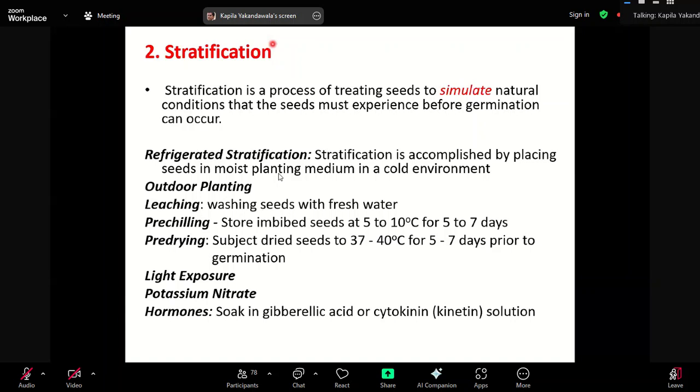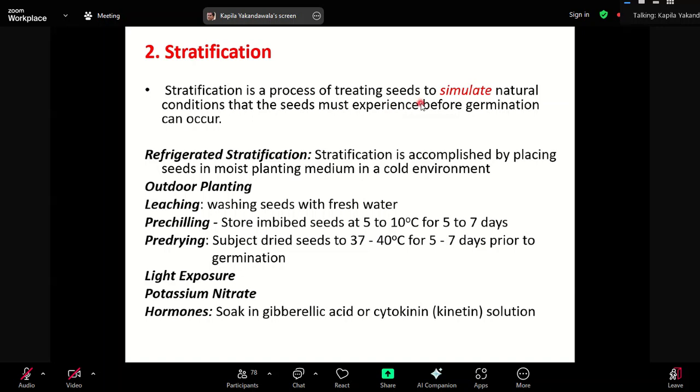Next, stratification. Previous one is called scarification. This is stratification. What is stratification? It is the process of treating seeds. Seed treatment. Why? To stimulate natural conditions. Then seeds will experience conditions similar to the outdoor environment, favorable conditions.